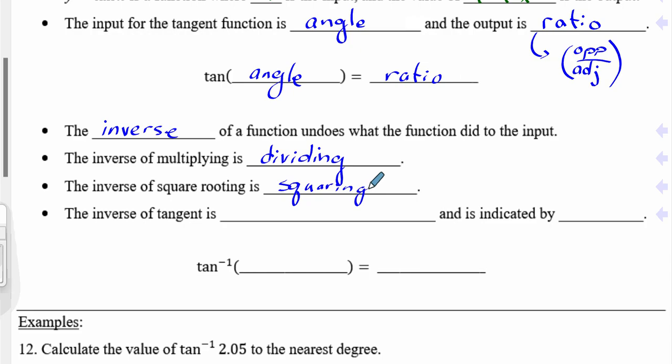So how do we undo tangenting? We call it inverse tangent. And we indicate it with a little -1 exponent after the tangent.